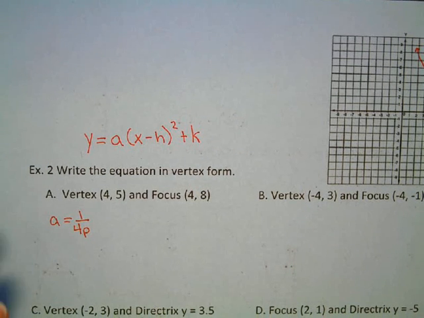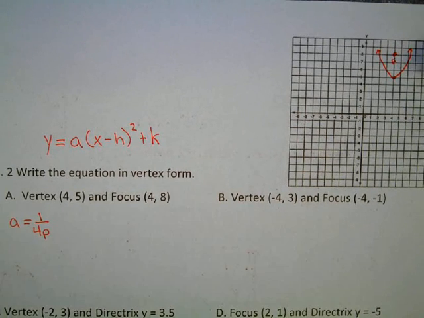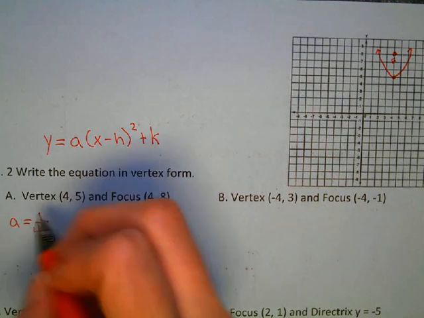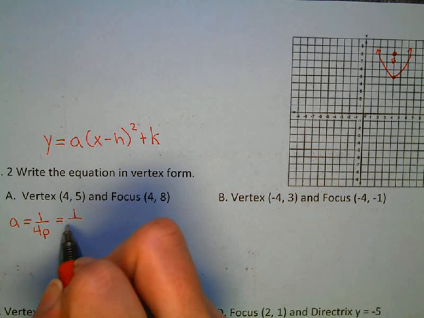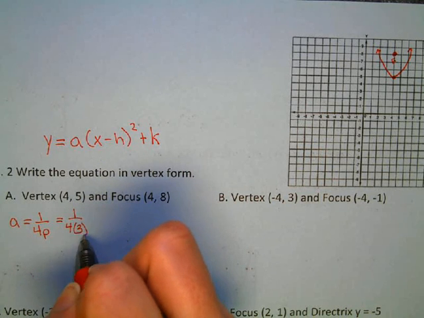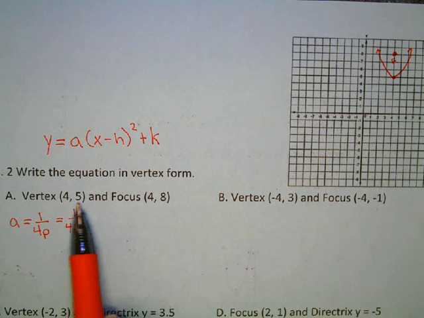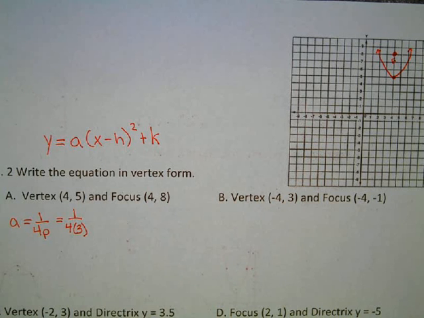So instead of doing the distance formula, we're going to count the boxes. 1, 2, 3. So the distance between the vertex and the focus is 3. So 1/4 times 3. Another place you can get that is just subtracting the y values here to figure out how much did it go up. So our a value is 1/12.